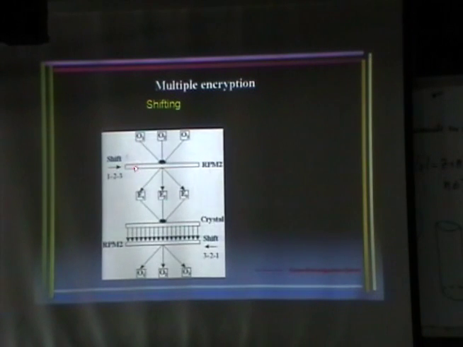You shift your mask, second input, second encryption, and so on. In the retrieval, in the readout, of course, you must position your mask exactly in the position that was previously set when you encrypted the determined input.